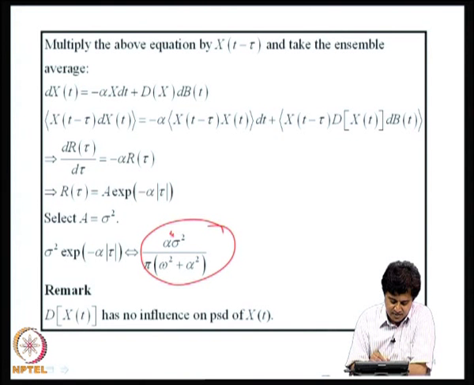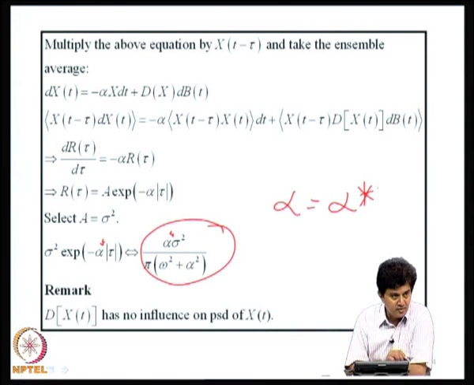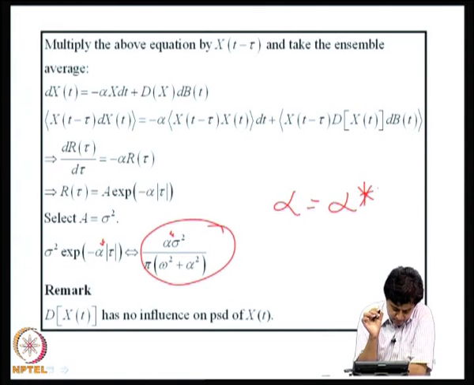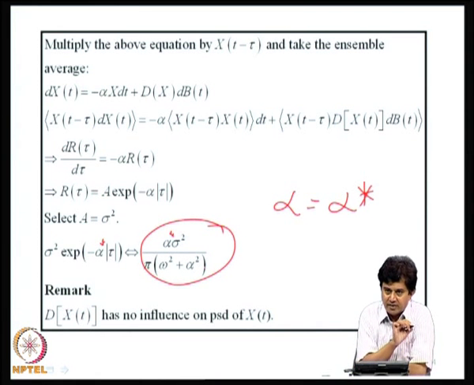As far as the PSD function is concerned, select alpha equal to alpha star. Then our target on PSD is met. The target on the first order probability density function is yet to be satisfied. Now what you should notice is that the diffusion coefficient d of x has no influence on the PSD of x of t in this equation.